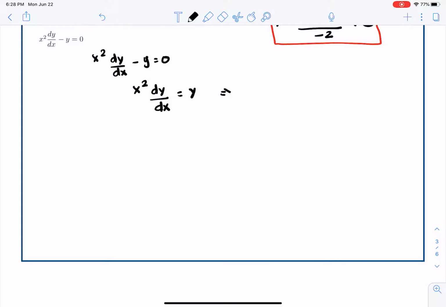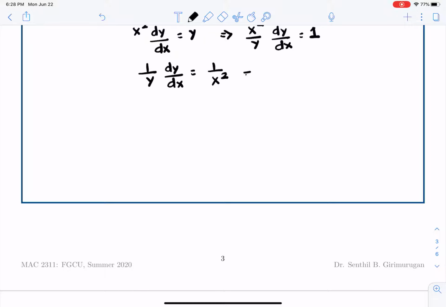Divide by y on both sides. x squared over y dy over dx is equal to 1. Divide by x squared on both sides. 1 over y dy over dx would equal 1 over x squared.